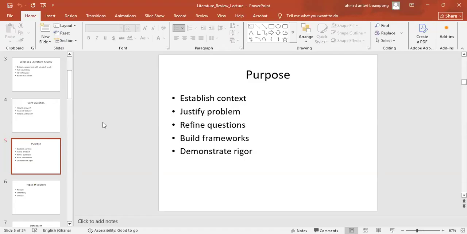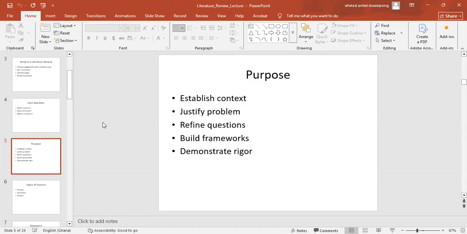And so your literature review establishes a certain context that anchors your study within a broader academic conversation. Blended learning adoption is a huge conversation going on locally and internationally within the academic community, all right? And so once you are embarking on that conversation, you are tapping from a broader body of knowledge that is already advancing the conversation.